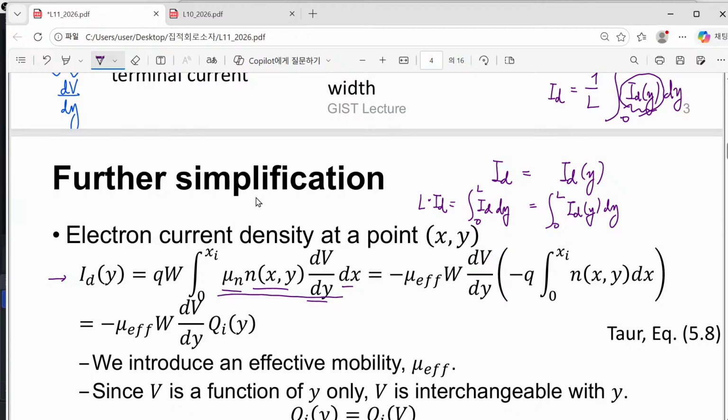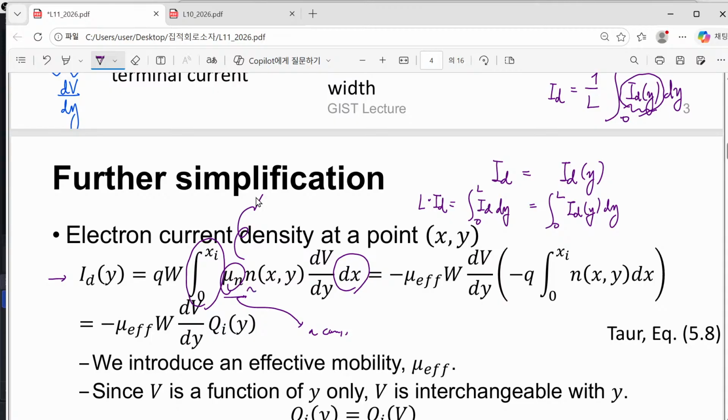And now here we have x-directional integration. Please try to check our three different terms. Mu n: do we have any dependence of mu n on x position? Actually, we have, but it is assumed constant for y. So just forget about it.